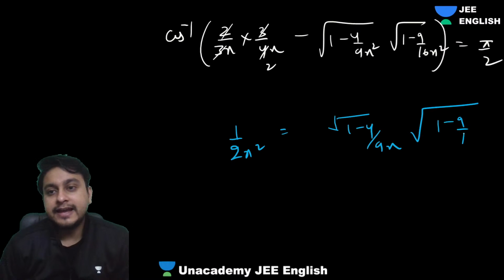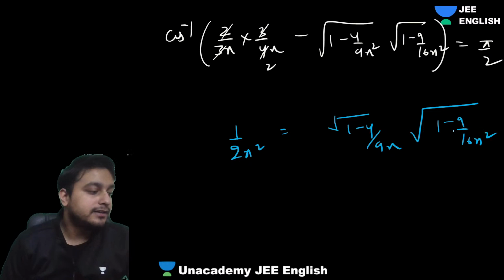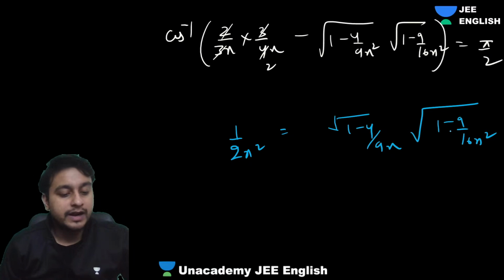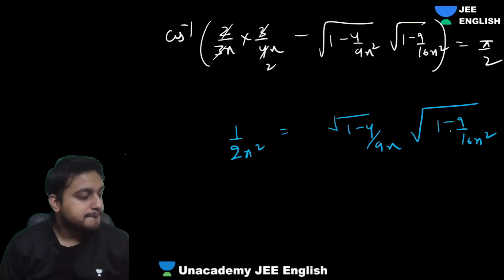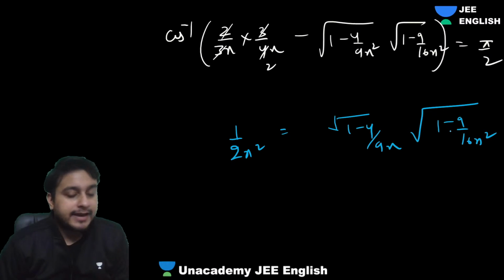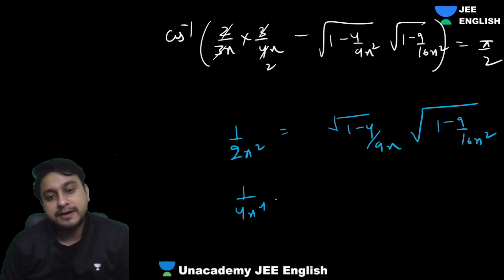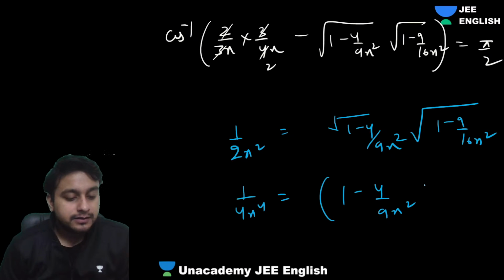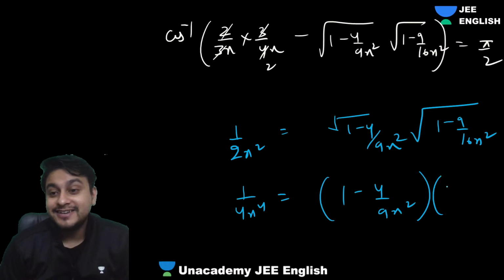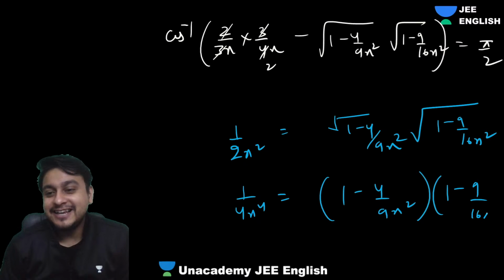Yes, I think that will be the best possibility, right? So guys, as soon as you square it over here, you'll get 1 by 4x power 4. This will open up. We'll get 1 minus 4 upon 9x square, oh sorry, Osho, yes. Okay, 9 by 16x square.